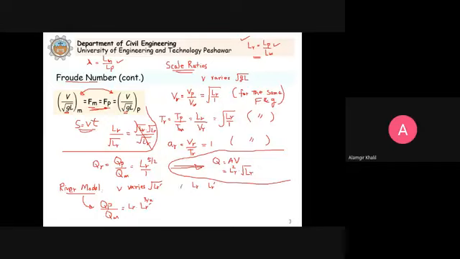Why? Because your area is this one. Area will be equal to LR into LR prime. So LR prime square root into LR prime will become 3 by 2, and we have LR. So in that case, this will be the scale ratio that we will use for the discharge in case of distorted models, such as that we have in case of river model. So these are a few examples.